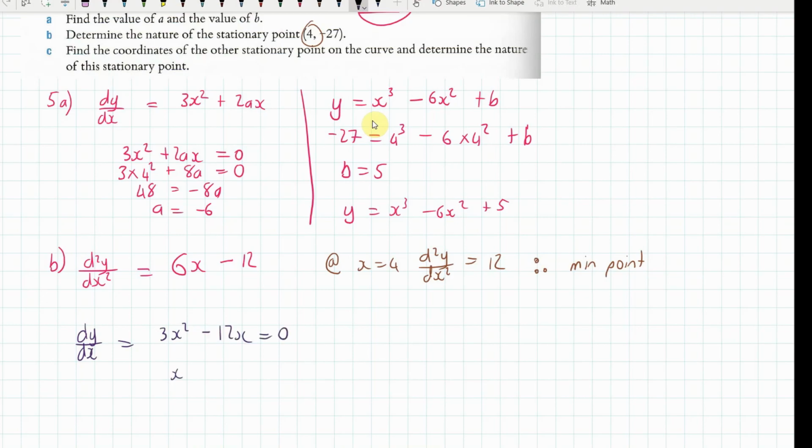So we can divide that by 3. Now, if we factorize this, we can see that we've got a stationary point at x equals 0, and x equals 4. Now, we've already done this one, so we want to now do this one here.